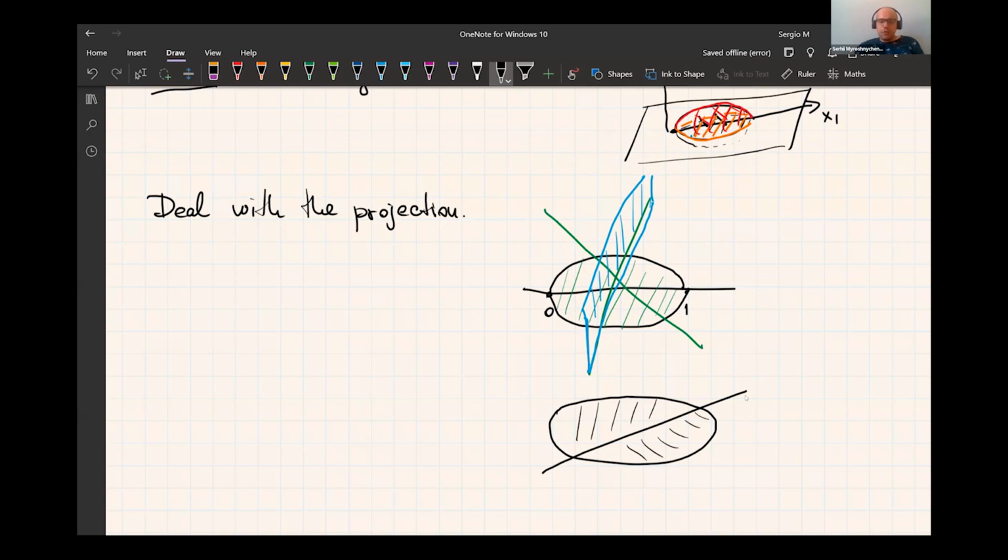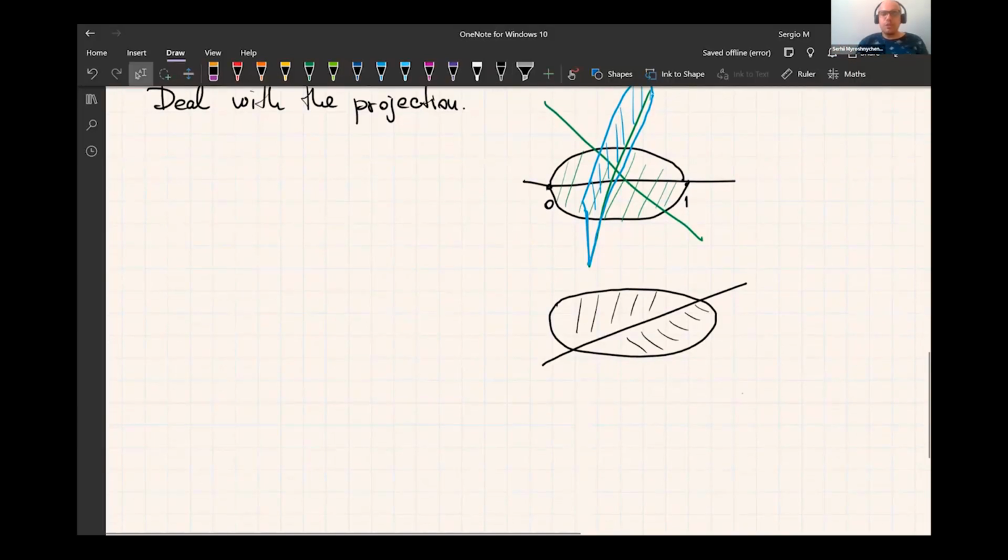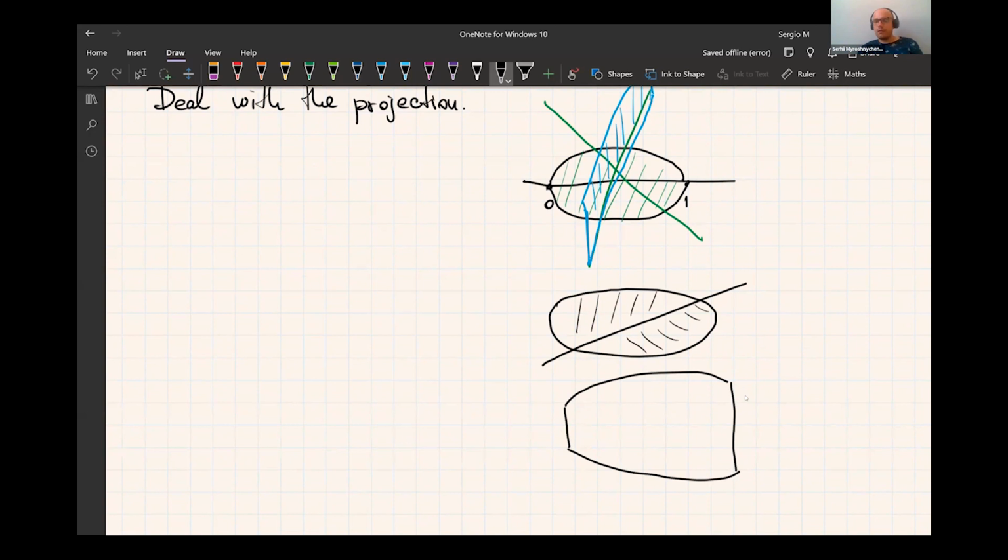And what you observe is that your projection shouldn't be curvy. It should be flat on the sides. So you end up with a picture like this. And then, after not such long considerations, you end up cutting out these curvy pieces and you see the trapezoid that should be in the projection.